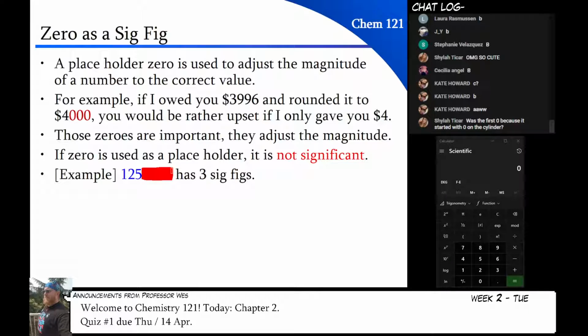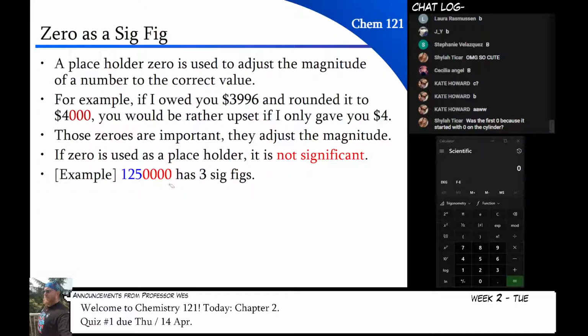In other words, before and after me highlighting those zeros over, was this number this value? And your answer to this should immediately be, well, no. 125 is not the same as 1,250,000.